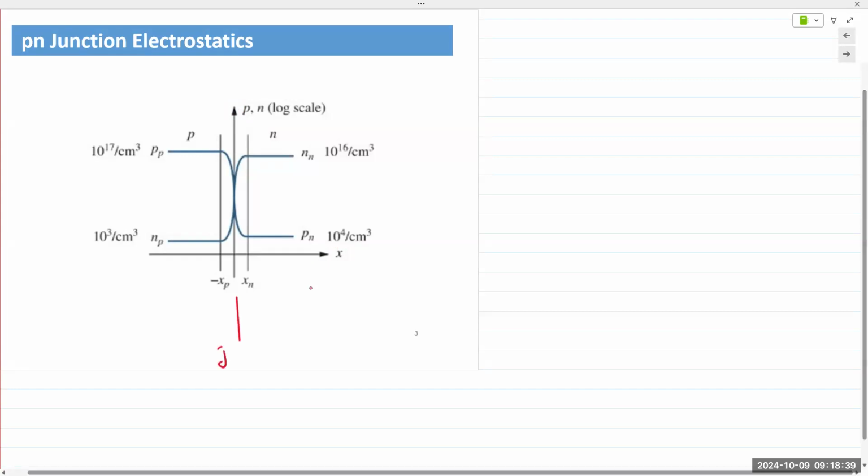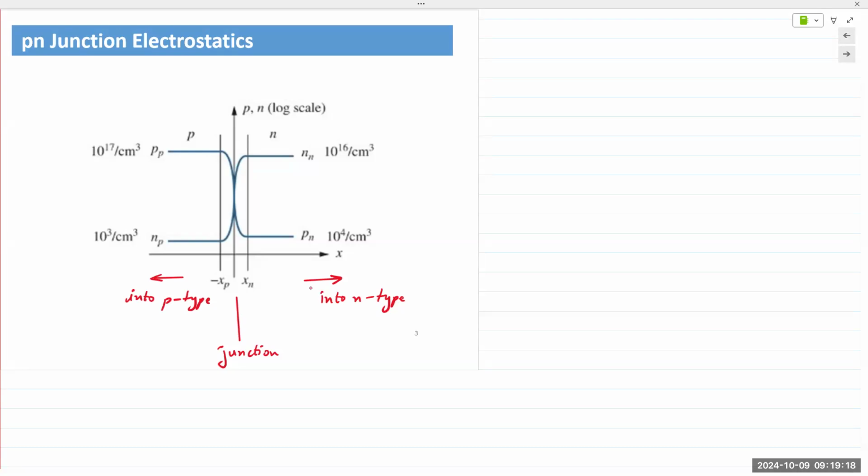Okay, this is the junction. This is how far deep into the N-type material, or the distance from the junction into the N-type material. And this right here on the left is basically the distance into the P-type material. And that's how you would view this diagram.